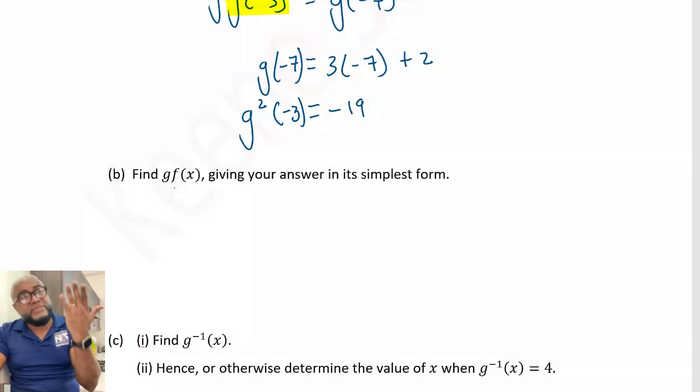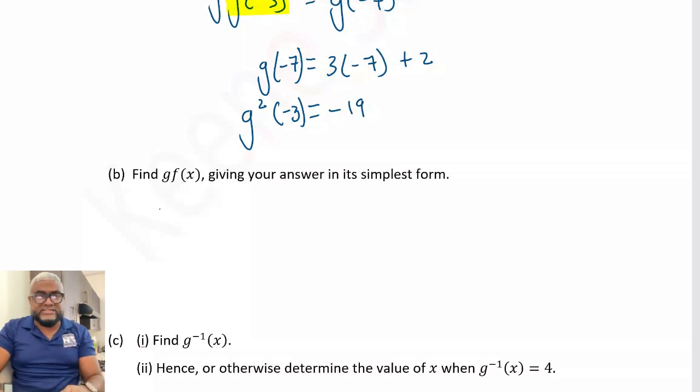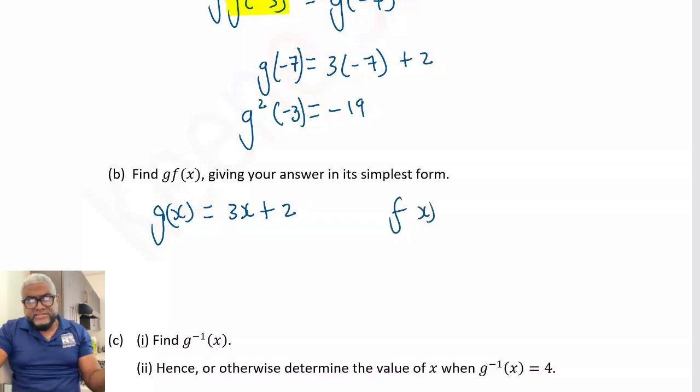It's the same thing we're doing over and over. So let's write down what g of x is now. g of x was equal to what? 3x plus 2. Yes. And f of x? 2x minus 1.